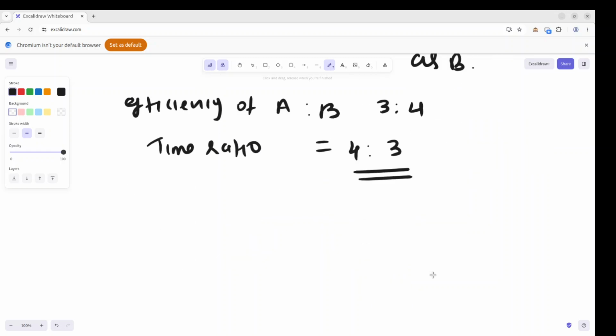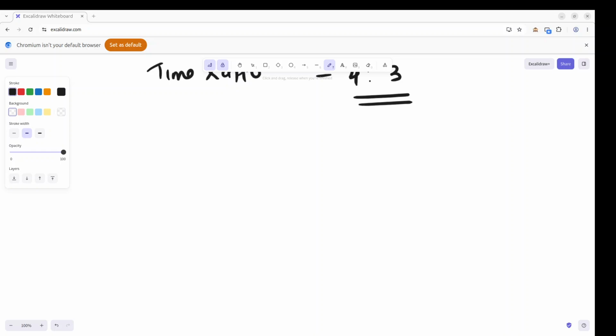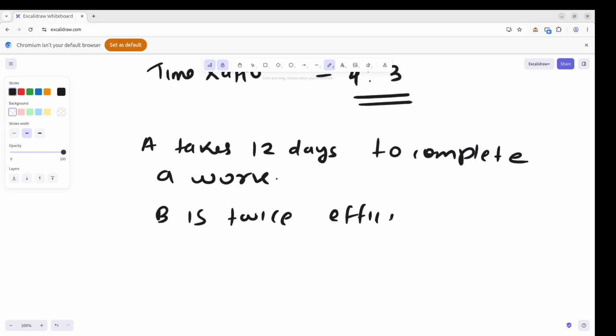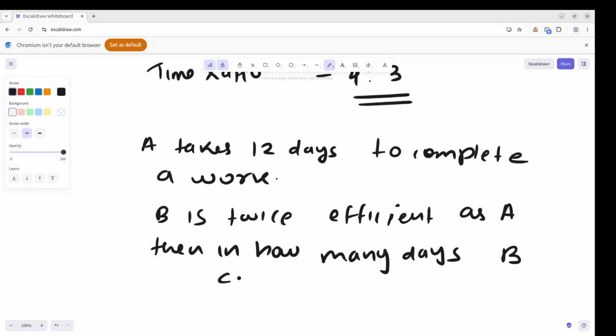Now let us look at an example. It takes A 12 days to complete a work, and B is twice as efficient as A. Then in how many days can B complete the work?